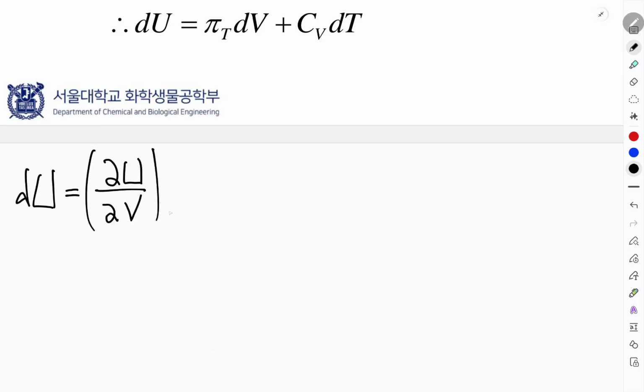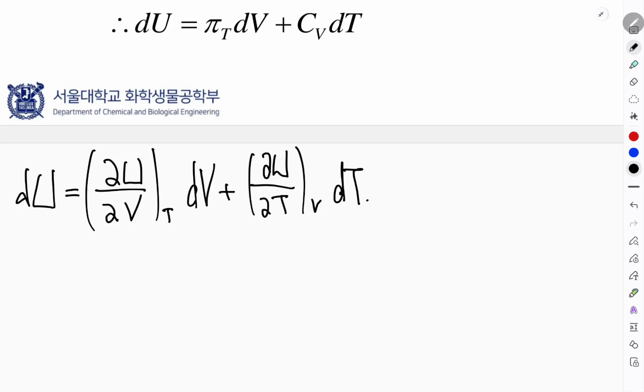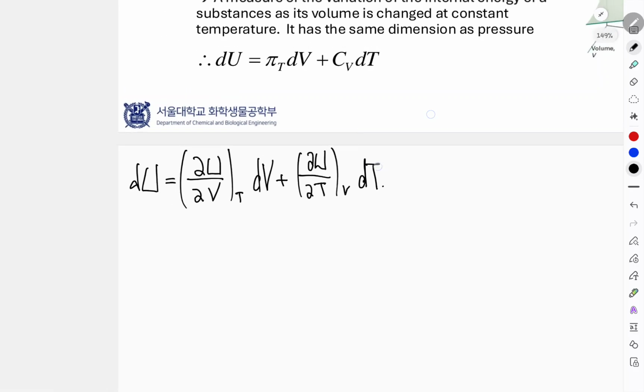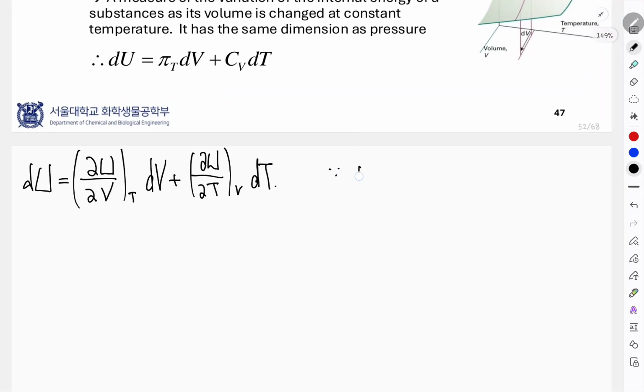This is just the mathematical definition, I think you learned already in calculus. And as we learned, the heat capacity at constant volume, this one is the capacity. I hope you remember this one. And then we are going to define this change of internal energy with the change of volume as the internal pressure, which is pi at constant temperature as well.